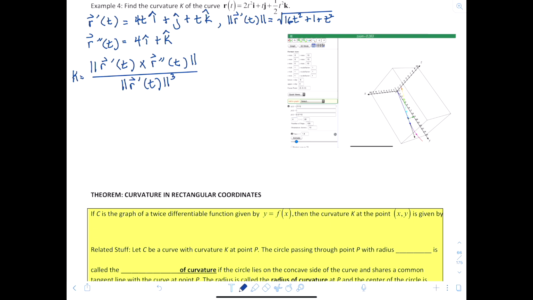So we can rewrite that as 16t squared plus t squared plus 1, raised to the 1/2. Cool so far? Awesome.